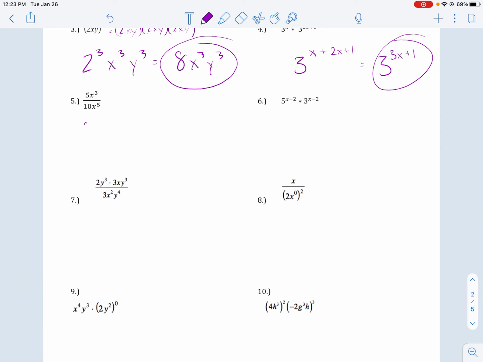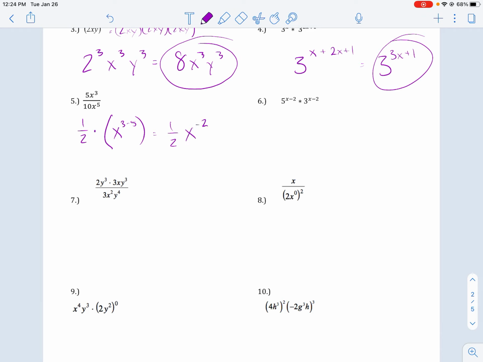So 5 halves, or 5 tenths, that's going to be 1 half. Now I'm left with x cubed divided by x to the 5th. So I subtract, I have 3 minus 5, so that's going to be equal to 1 half x raised to the negative 2 power.